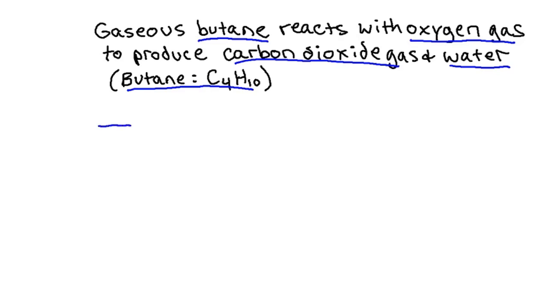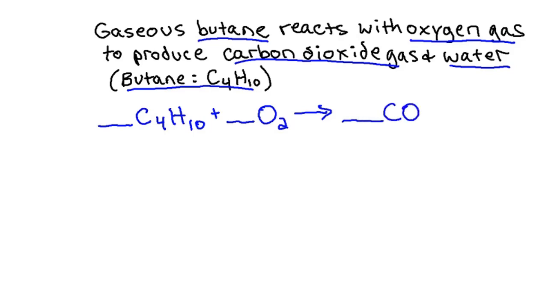So we have so many moles of butane reacts with oxygen gas, so many moles of oxygen gas, to produce so many moles of carbon dioxide gas and so many moles of water. So we're going to put these blanks in there so we can write the moles, the molecular number in.